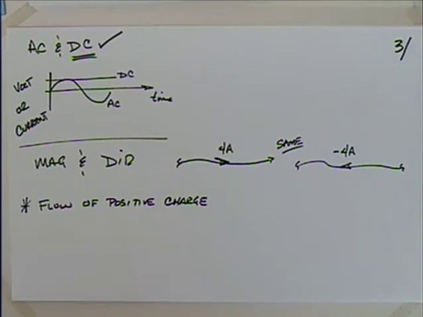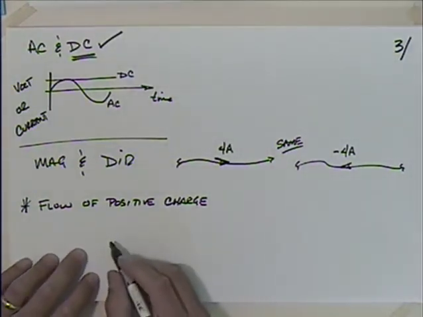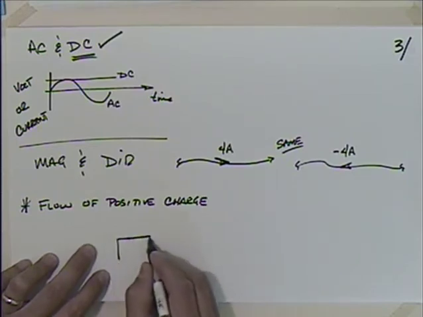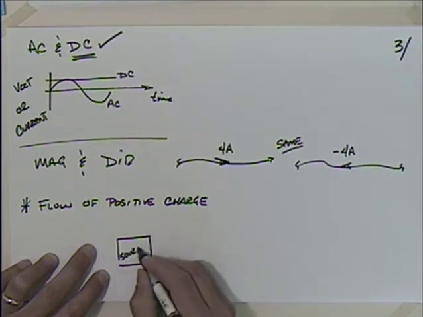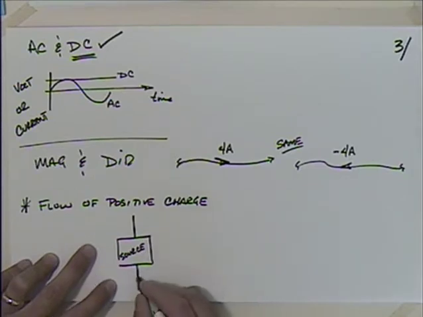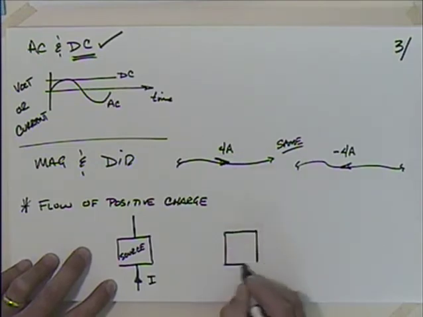So the flow of positive charge. That brings up a point. Let's say that this is a source. I have some current going into a source, and I will differentiate this here.